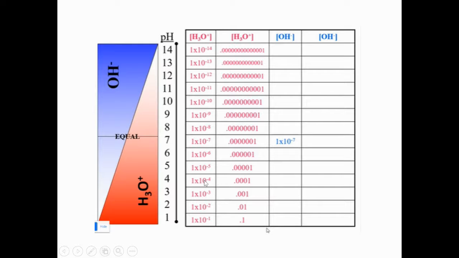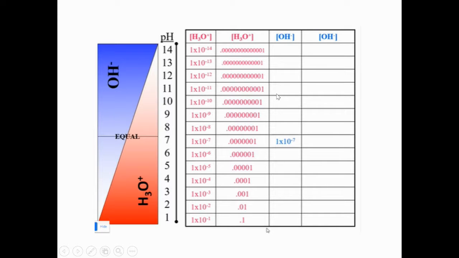As you go down in pH, 6, 5, 4, those numbers are getting larger. So again, when you put it in regular notation, you can see how much the concentration of the H3O is increasing. So at pH 1, you have almost all H3O and very little OH.